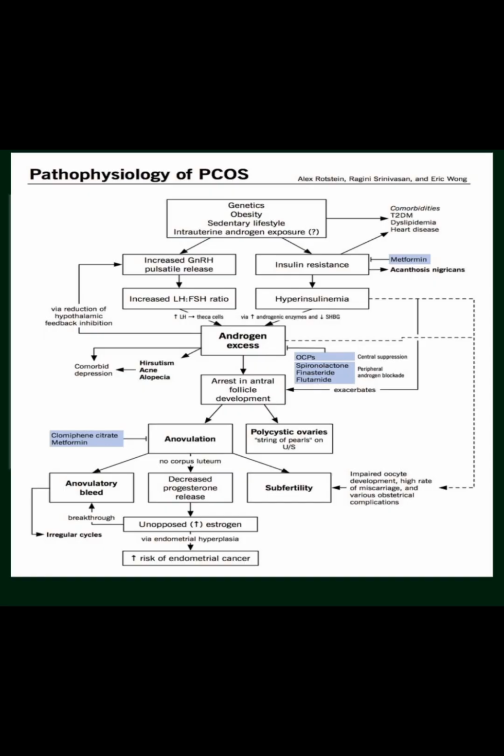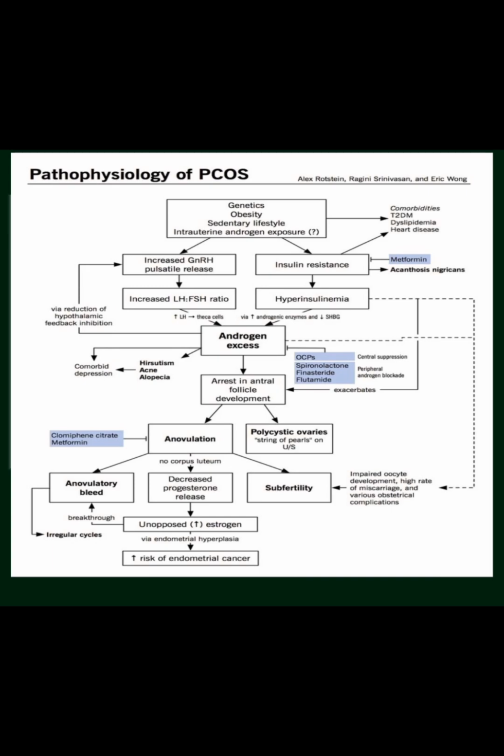So what we do for these patients with hirsutism, we can put them on oral contraceptive pills. We can put them on spironolactone just to improve these symptoms. We can also put them on clomiphene citrate.